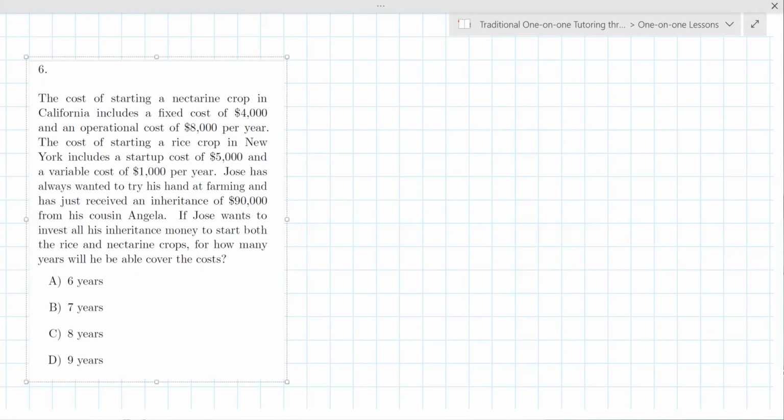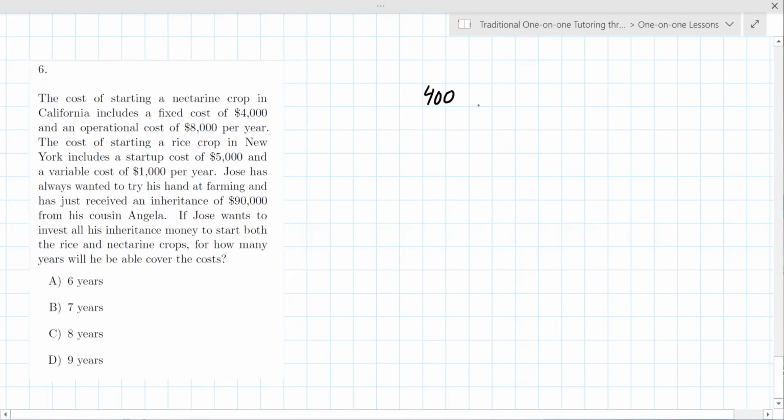Nine years, I think. Your answer is 9 years. Okay, how confident are you in your answer? I'm pretty confident. Can I just tell you what I put? Sure. So I put CA for California, and then minus 4,000 and then minus 8,000 per year, because the money is going away. And then I put NY for New York, minus 5,000, and then minus 1,000 per year.